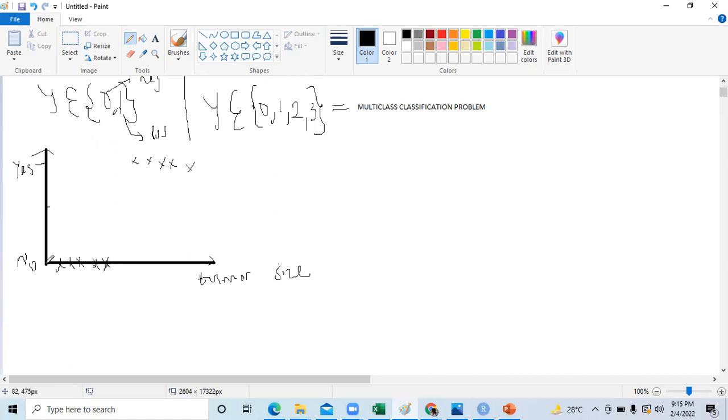I'll show you why we cannot use a linear regression model to fit a logistic regression problem, because it just doesn't work, right? So a linear model doesn't work because if I was going to apply this linear model, I would say this is the middle of my hyperplane, right?